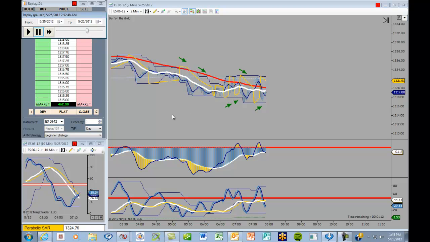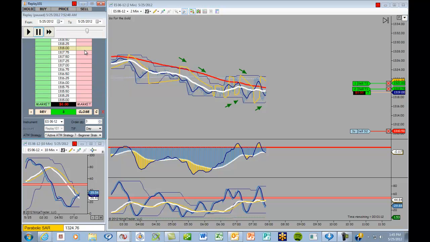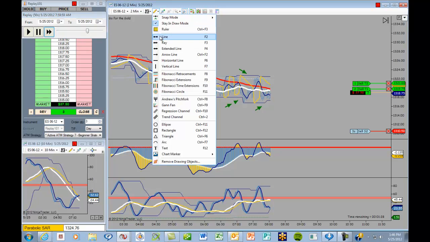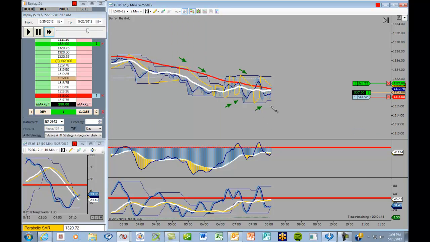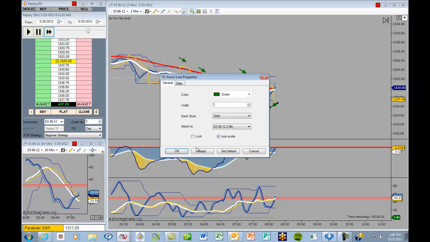So let's get aggressive here and get long and see what happens. Okay, both targets.